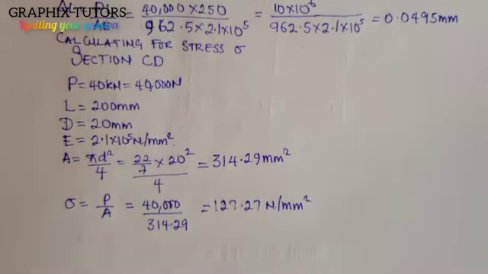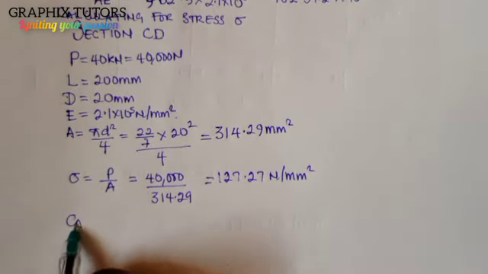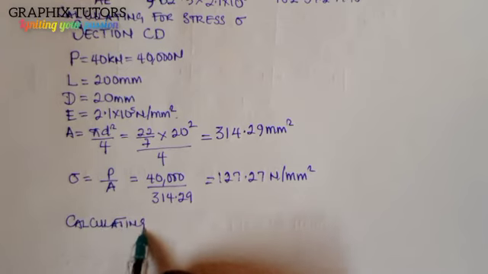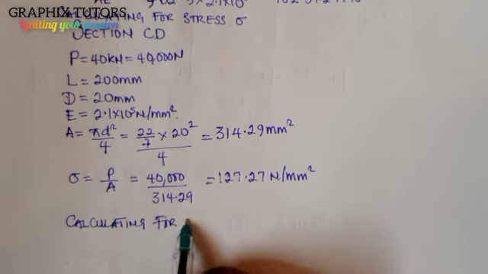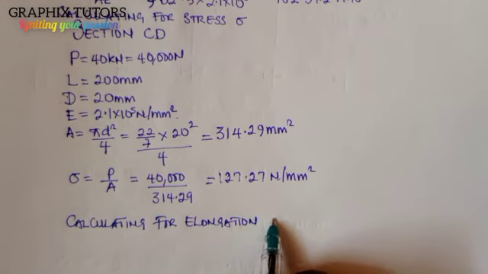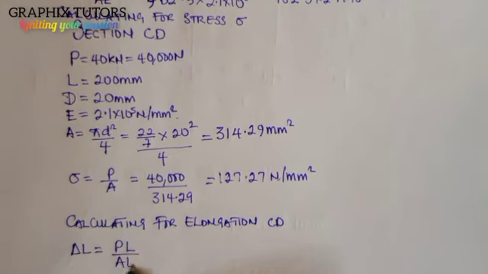So calculating for the elongation for CD. Now the elongation, we know that delta L is given by force times length all over the area times the Young modulus.